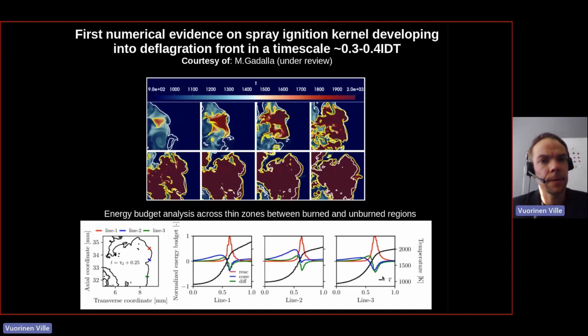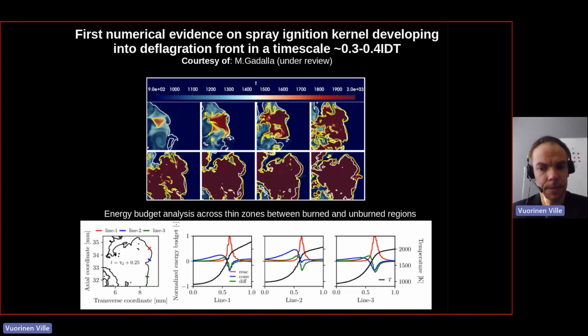And as a preliminary result of this work under review, we found first numerical evidence of spray ignition kernel developing into a deflagration front in a timescale of 0.3 to 0.4 IDTs. And this is a timescale which is consistent with the 3D shear layer investigations.